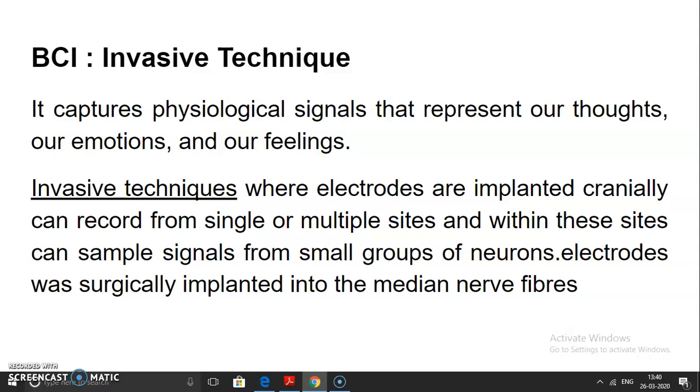Those electrodes will capture our brain signals and send them for analysis. By using that analysis, we can take some decisions in the medical sector. This kind of technique is very popular in the medical field and not so popular in other fields. The problem with this technique is that it needs surgery. We have to implant electrodes near the brain, so it is a very risky technique under the BCI.